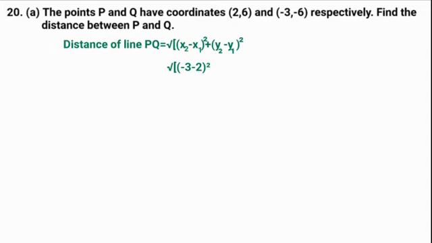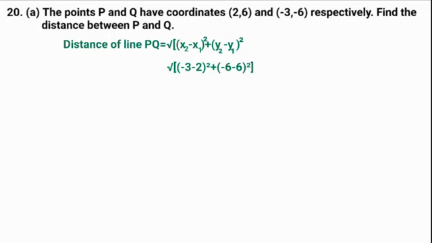Okay, then we're going to say plus, what is the value of y2? y2 is equal to -6. So we're going to say plus (-6 minus, then y1 is 6), so it's going to be (-6 minus 6), which is raised to the power of 2. Then once we've done this, we're going to evaluate what is in the brackets.